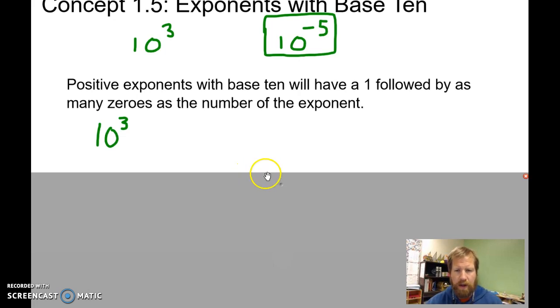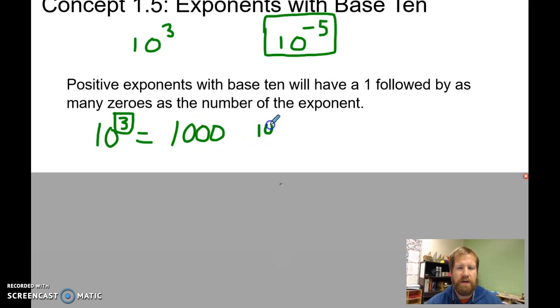Okay. The rule for figuring out the number when you have a base 10 with an exponent is, if it's positive, it's just going to have that many zeros. However large the exponent is, that's how many zeros it's going to have.